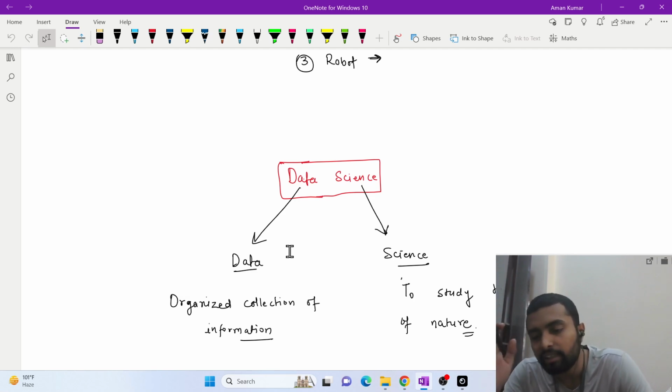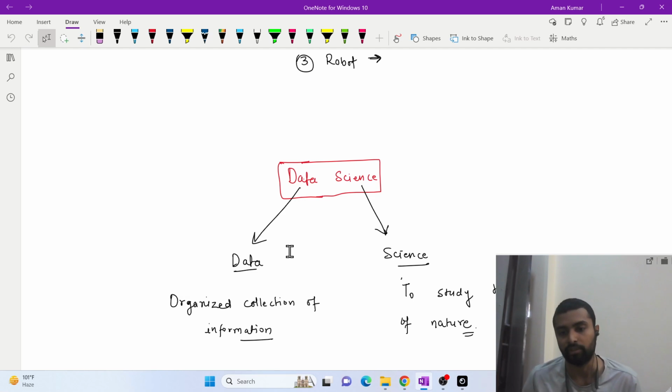You can't tell what types of data or information are in your bag. That is the important thing about data: an organized collection of information. I hope it is clear to you.